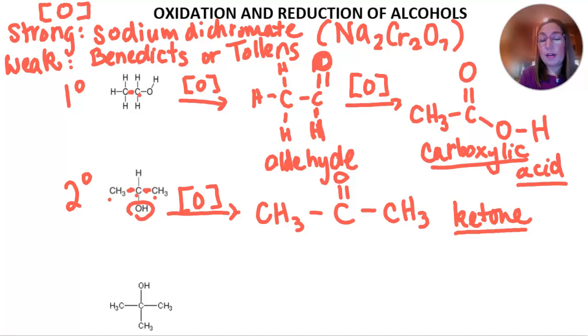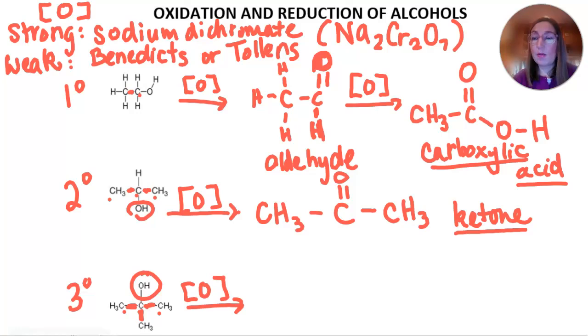What about tertiary alcohols? Well, if we look at tertiary alcohols, here is t-butyl alcohol, or t-butanol. We've got CH3, C, CH3. Now that middle carbon is bonded to another CH3 and an OH. So that middle carbon has bonds to 1, 2, 3 other carbons along with the alcohol. So this is a tertiary carbon. When we try to oxidize that tertiary carbon, unfortunately, that carbon has 3 bonds to carbon and 1 bond to oxygen.